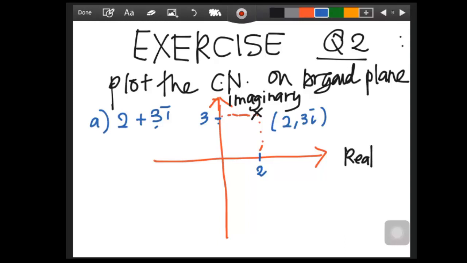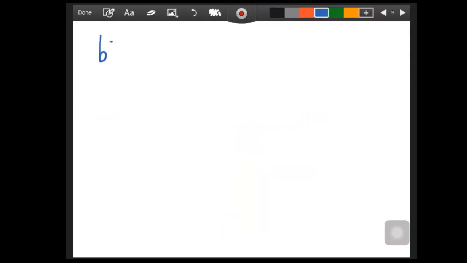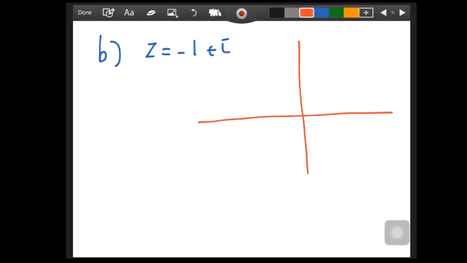Okay. Kita tengok yang B pula. B, kita ada Z dia sama dengan -1 plus i. Okay. So, daripada plane tu, kita tahu ini adalah -1. Dia punya A dia adalah -1. Ini real lah. Ini imaginary. So, letak i lah.